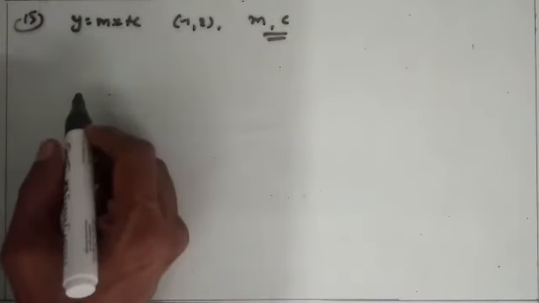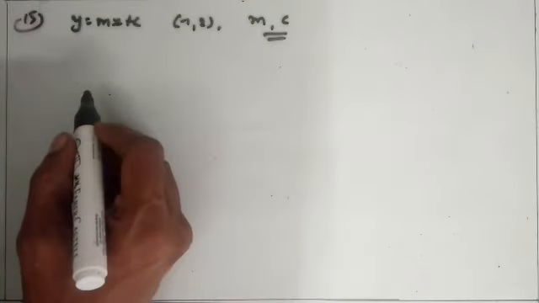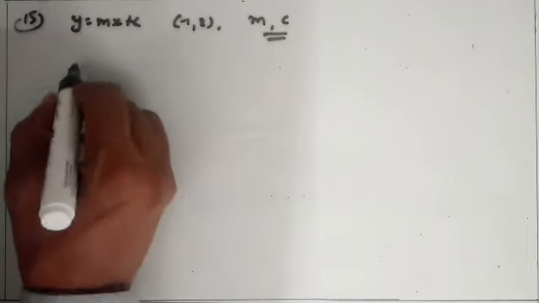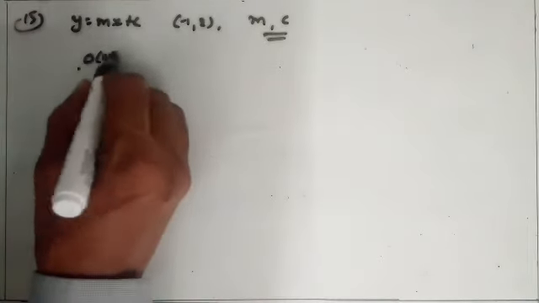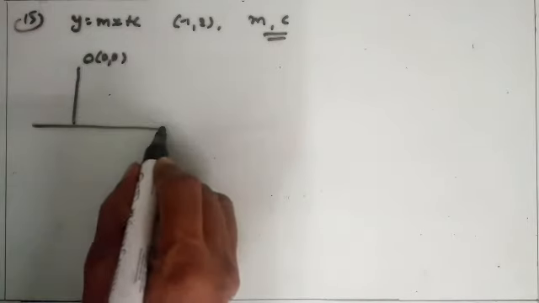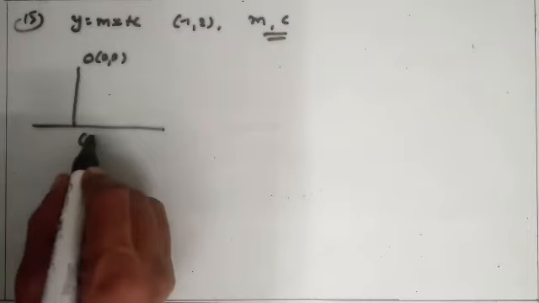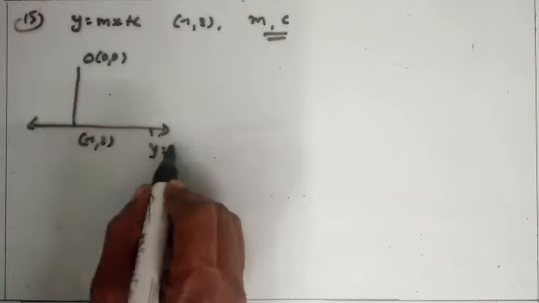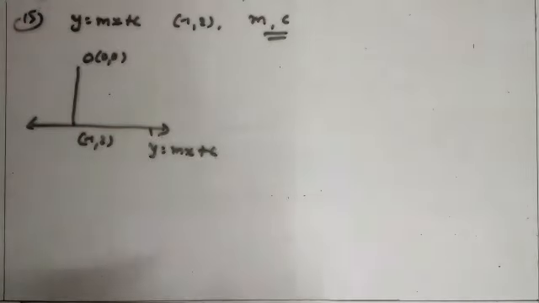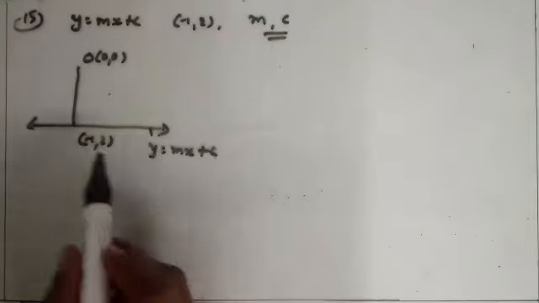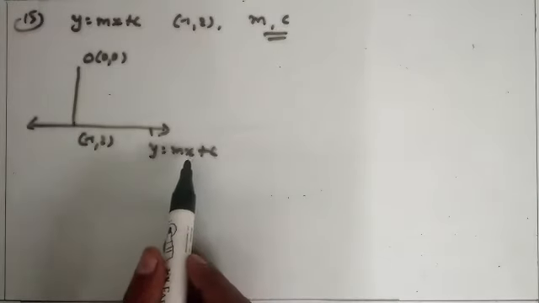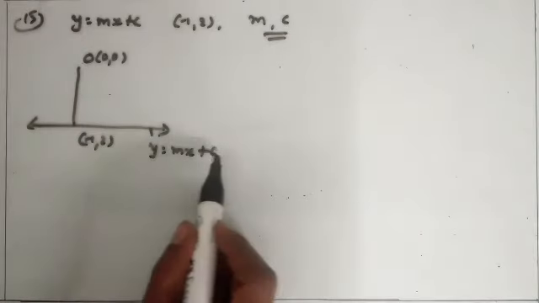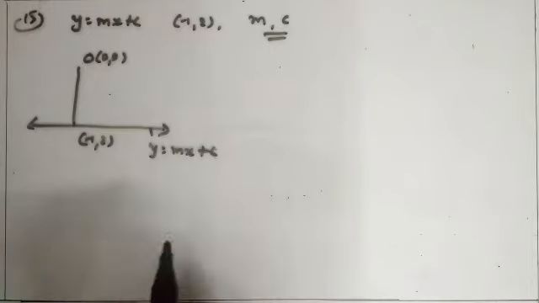Here the perpendicular from the origin to the line y = mx + c meets at (-1, 2), and this line passes through (-1, 2). So OM is perpendicular to the line y = mx + c, and the slope of this line is m.